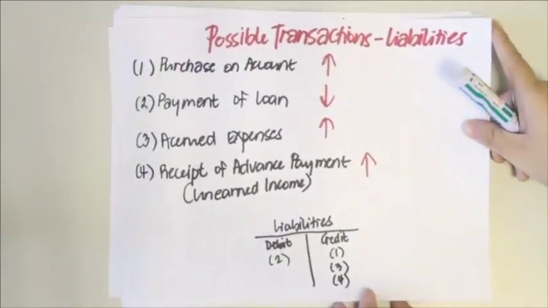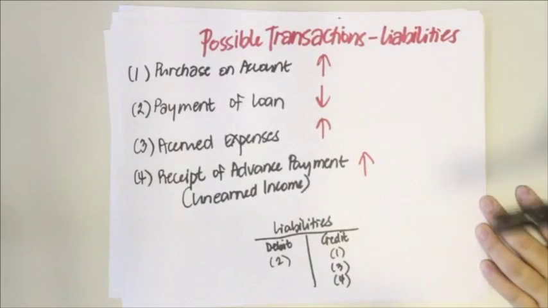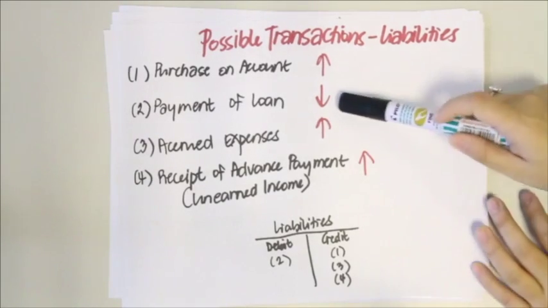Here are the possible transactions affecting your liabilities. For example, you have a purchase on account. This means you incur a liability and therefore you have an increase. The next is a payment of a loan. You're extinguishing or settling the loan, therefore reducing your liabilities.